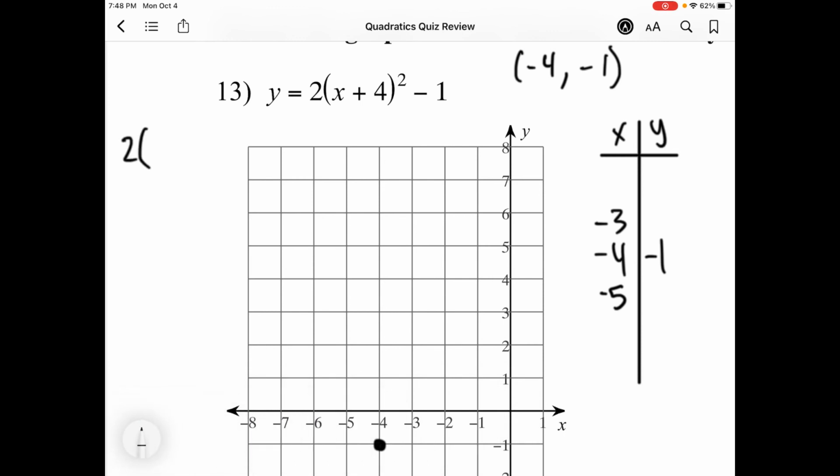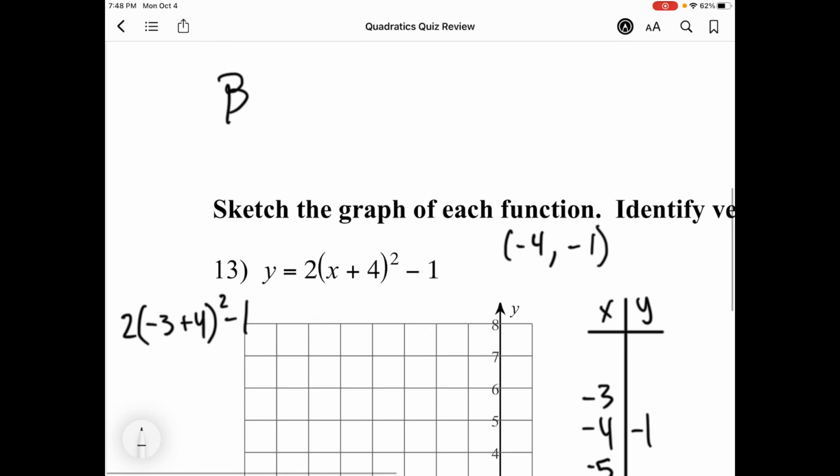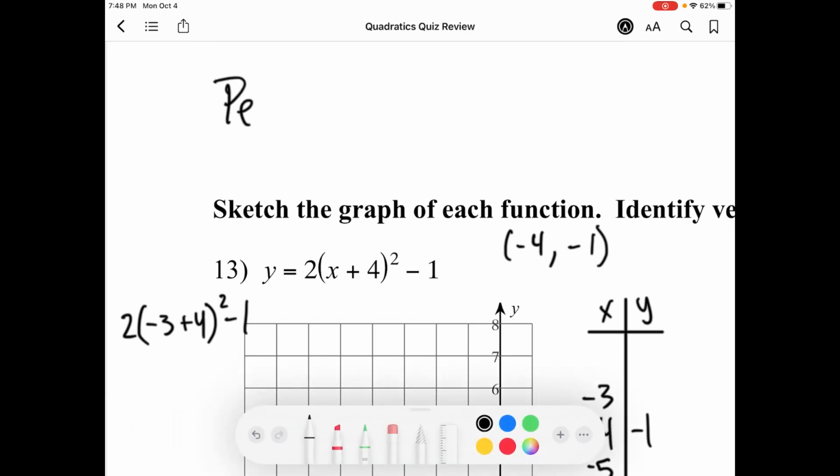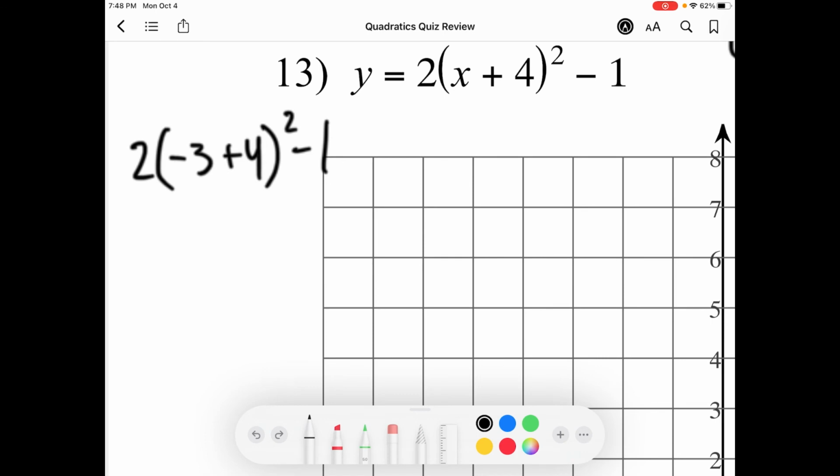So I got 2 times negative 3 plus 4 squared minus 1. Remember, we're following order of operations, PEMDAS. So the first thing is parentheses. So we're going to do what's inside the parentheses first. So I have negative 3 plus 4, which is just 1.